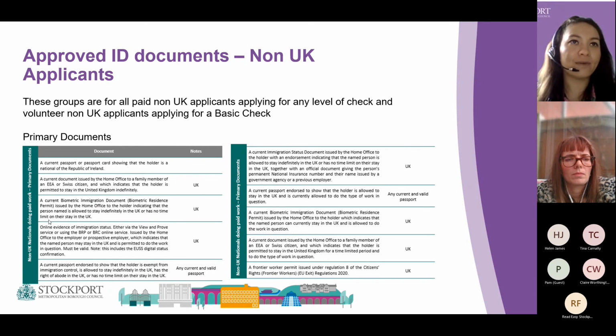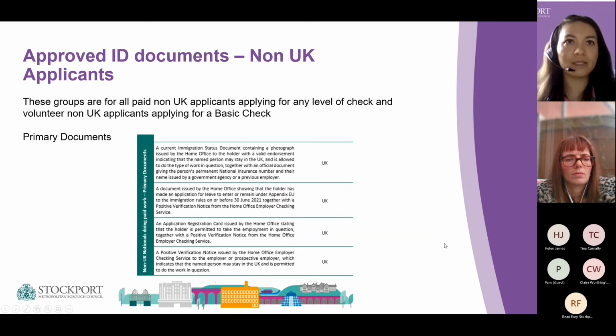That's when they give you a share code, and you can go on the View and Prove service, put in that share code, and it will tell you their immigration status, and you can download a PDF and send that PDF to us, and that will count as a primary document. So once they've given you a primary document, they would need to give you 2 supporting documents. These are just more primary documents, which you can go over in your own time.